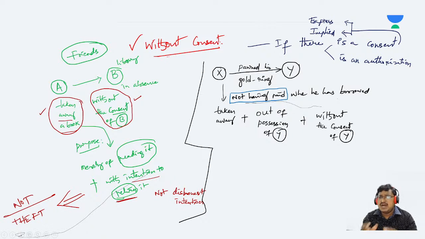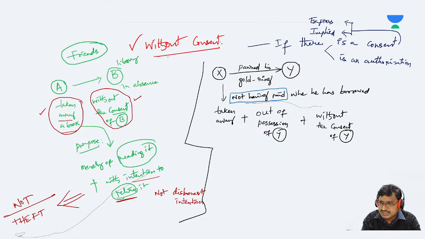Mr. X has pawned his gold ring with Mr. Y. Okay, now by pawning, by pledging his gold ring, Mr. X has borrowed a certain amount from Mr. Y. Here the gold ring is kept as a security for this borrowing.